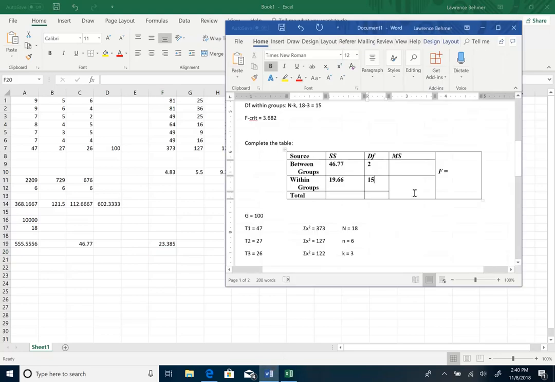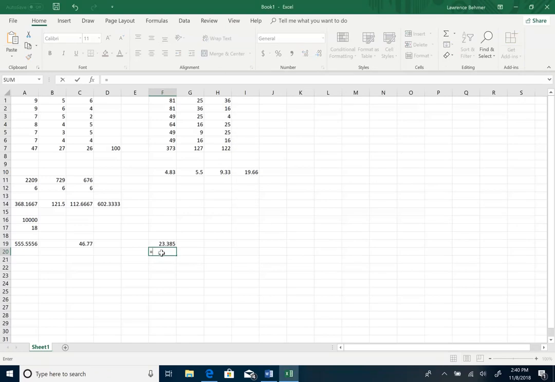We'll go ahead and round it up. Now we need to figure out our mean squares for within groups. That's 19.66 divided by 15, and that's just 1.31.